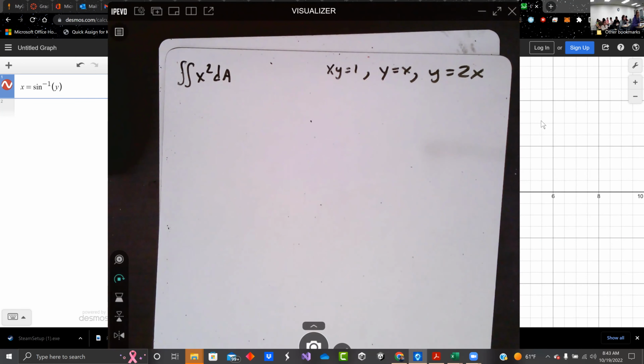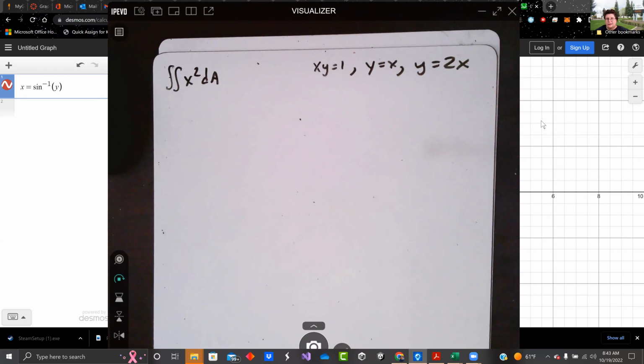I don't have to make it so large. Hey, can you put a fourth quadrant, please? You don't need to.